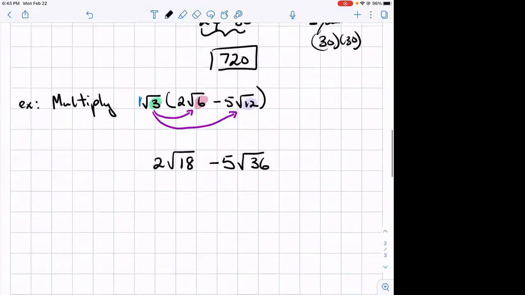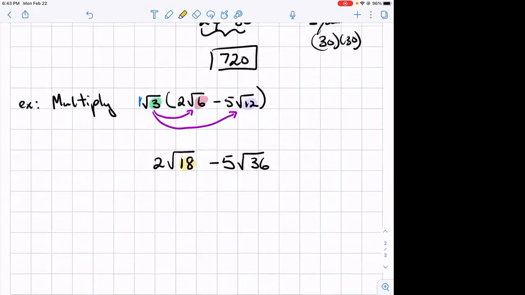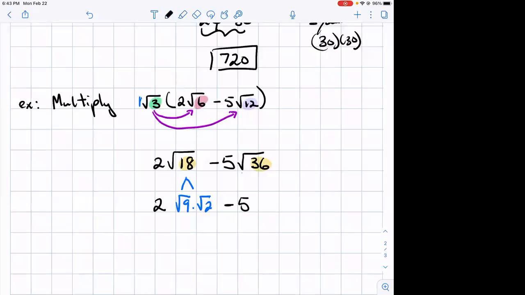So always look inside the radicand. Notice that 36 is a perfect square, so the root of 36 is 6. And the root of 18 can be the root of 9 times the root of 2, because 9 times 2 is 18.